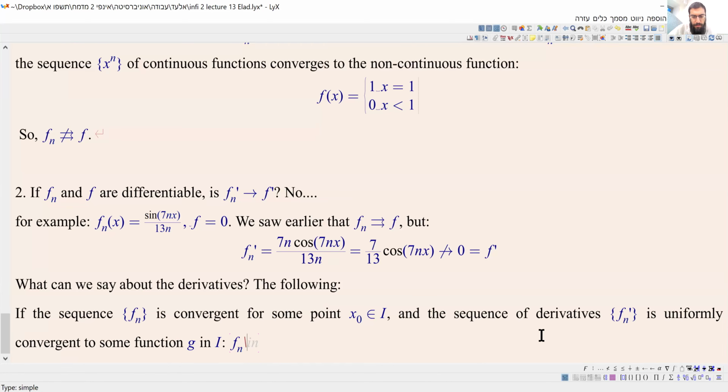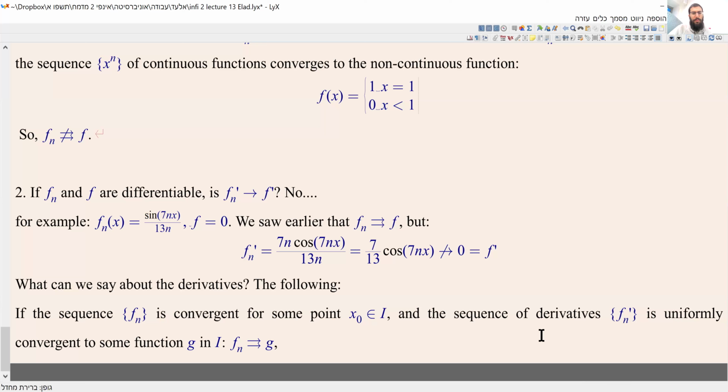By our notation, it is fn' right arrow g.